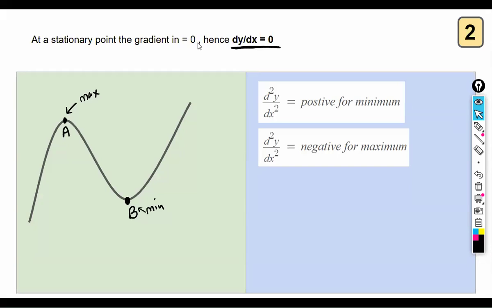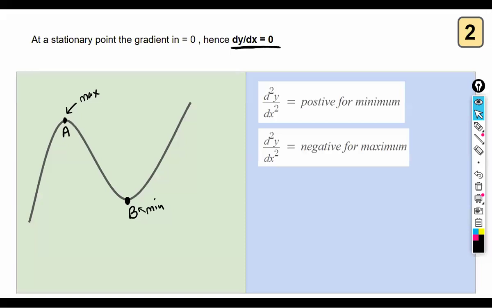Am I talking about a maximum or a minimum? Well, the correct answer is you don't know. You don't know whether I'm talking about a maximum or a minimum point.